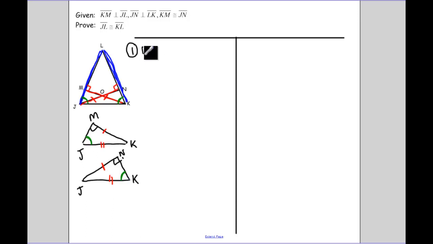Okay, first, KM is perpendicular to JL. And JN is perpendicular to LK. And we also know that KM is congruent to JN. Okay, we are given this.